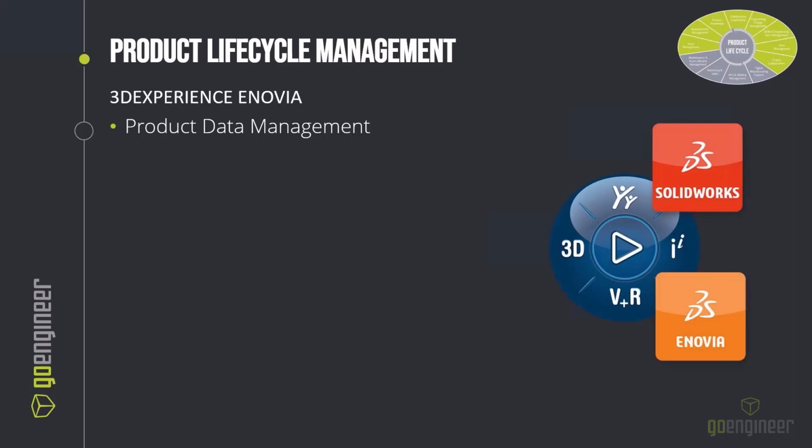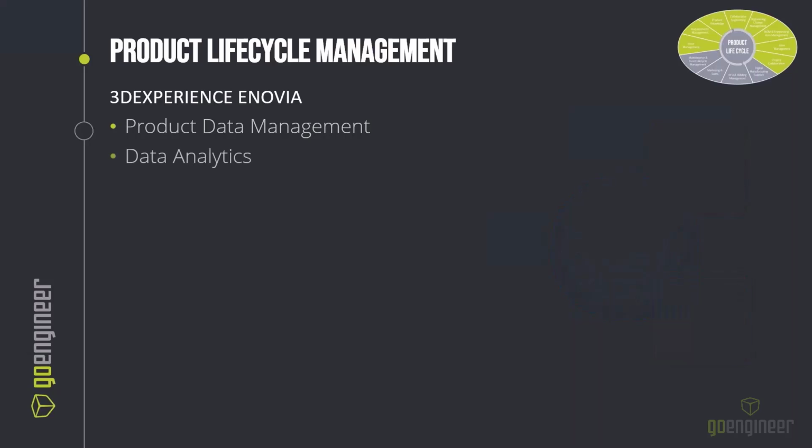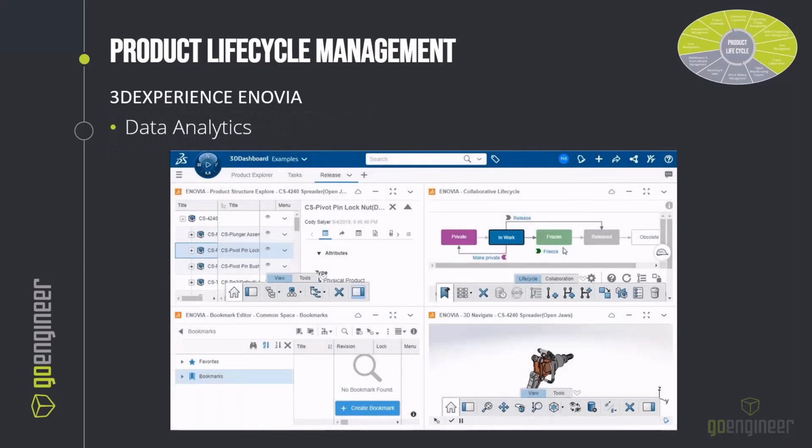The 3DEXPERIENCE ENOVIA solution works in conjunction with the data you've uploaded to your 3DEXPERIENCE Cloud Vault to expand your product management capabilities. To expand how you understand your data, you need better ways to visualize the information. On the 3DEXPERIENCE, you can configure dashboards to show only the information you want to see, the way that you want to see it.